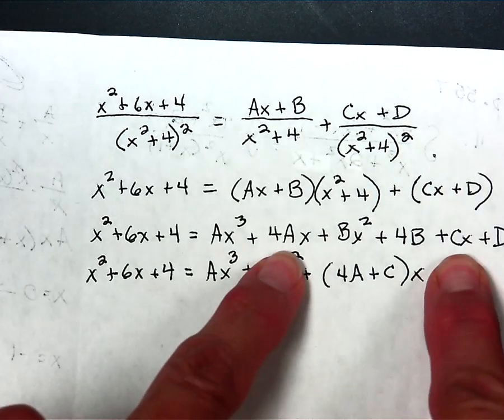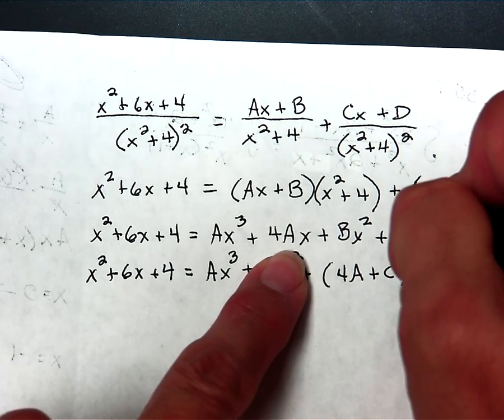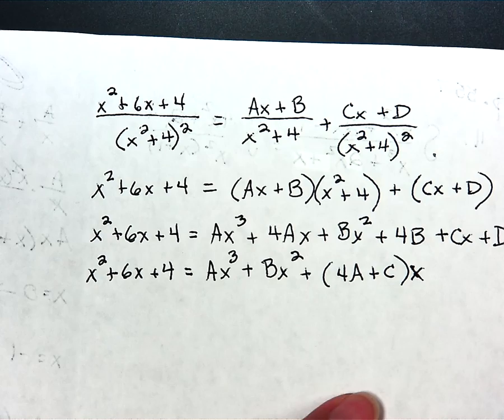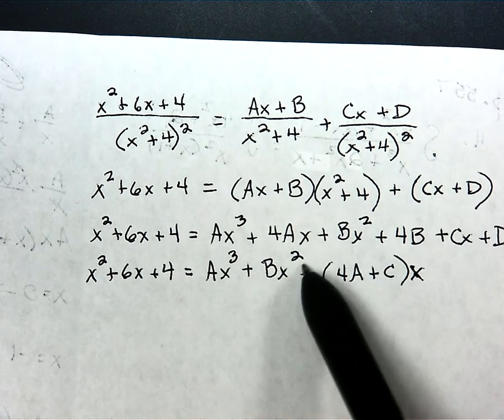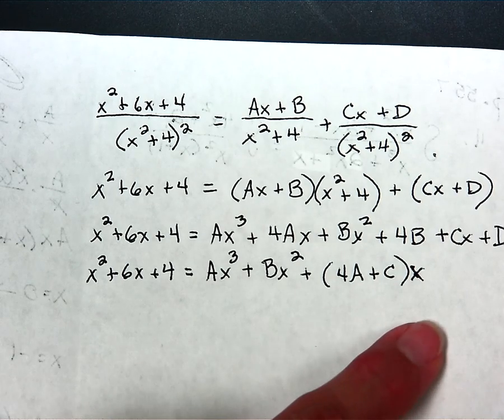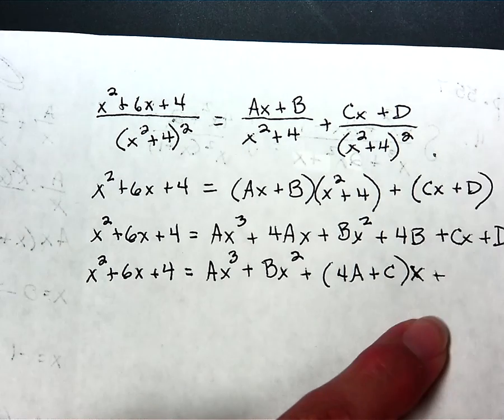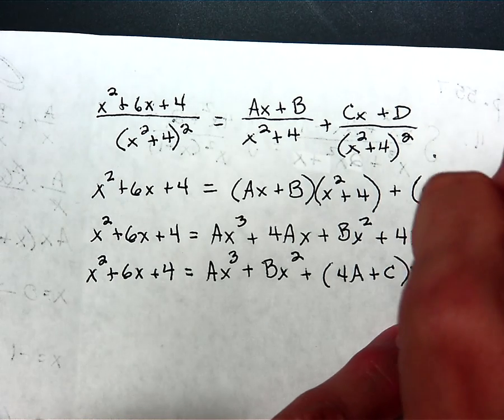These two terms, I just factored out the x for reasons that you might not see yet, and it's okay. All right, so I've taken care of that term, and that term, and that term, and that term. What's left? The 4B plus D that don't have x's.